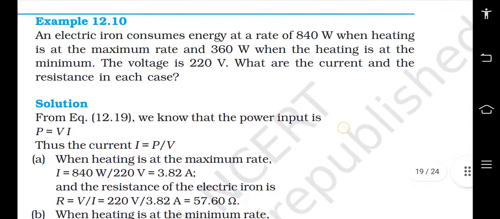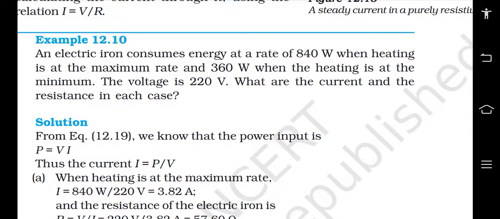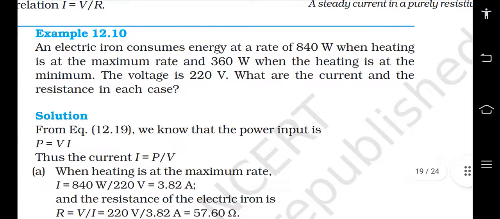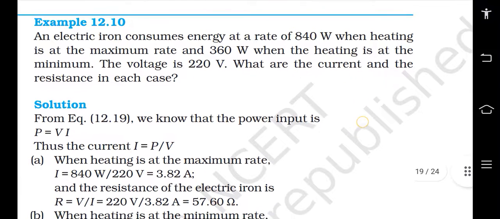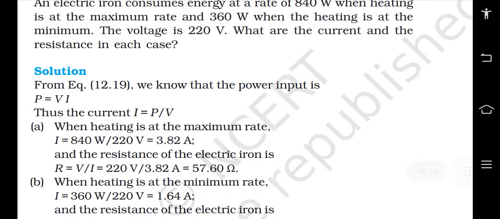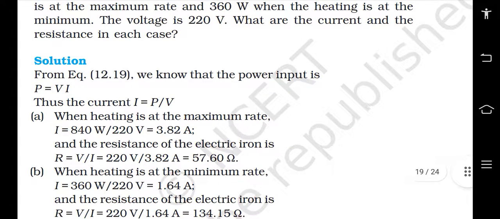Current we have to find out: power is given and volt is given. Power divided by V, current only. To find the current, we just have to divide the power by the volt. So 840 divided by 220, 3.82 ampere current we will get when heating is at maximum rate.